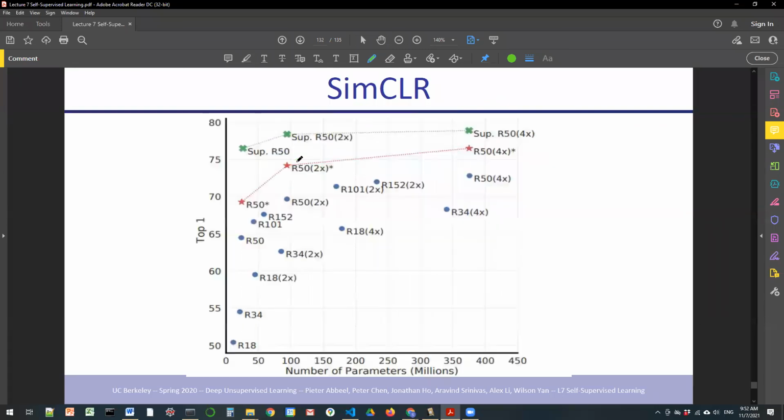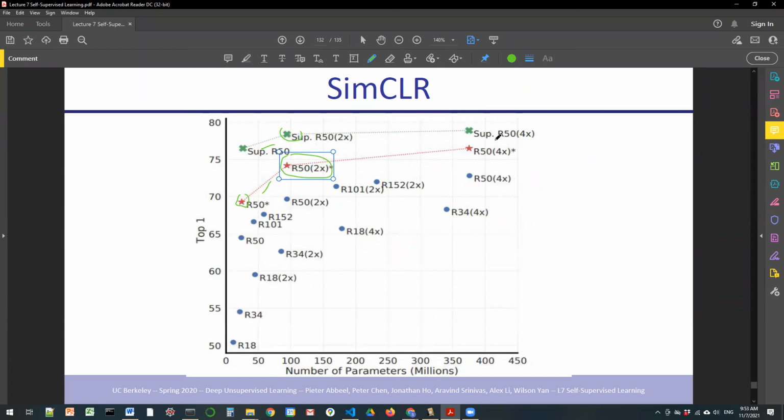And that leads to another interesting side note, which I found fascinating as well: the benefit of increasing the width of the channels for supervised learning is much less than for unsupervised learning. So if you compare the slope of this one to this one, you can see this is much flatter than here. And you can see the same thing here.